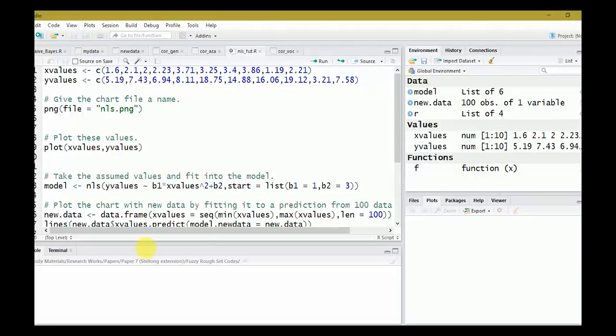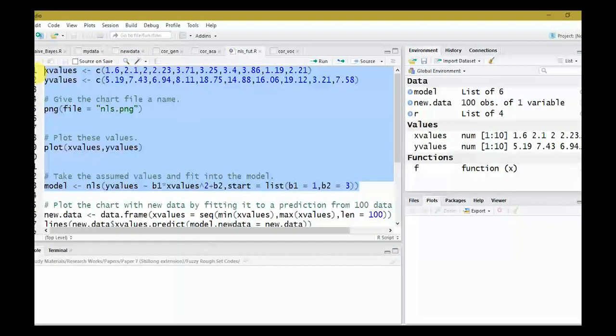We will model this using the function nls, and y values is equal to b1 times x values square plus b2 is the formula. Start variable is a list of two elements: the starting value of b1, which is 1, and the starting value of b2, which is 3.